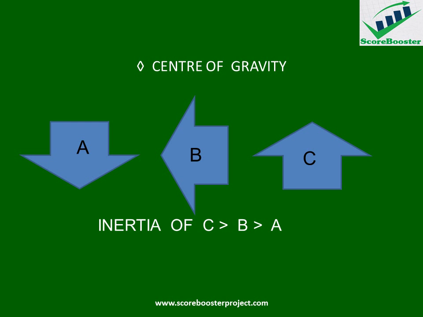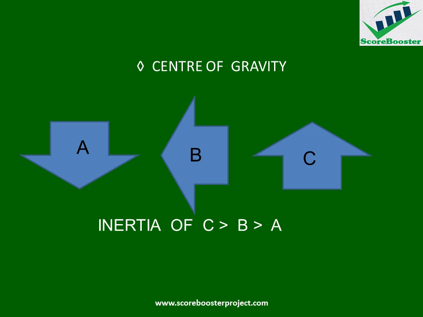Now, concerning the center of gravity, the lower the center of gravity, the more the inertia of an object. So we consider these three objects A, B and C. In A, the center of gravity is highest, followed by B, in which it is medium, and lastly C, in which it is lowest.